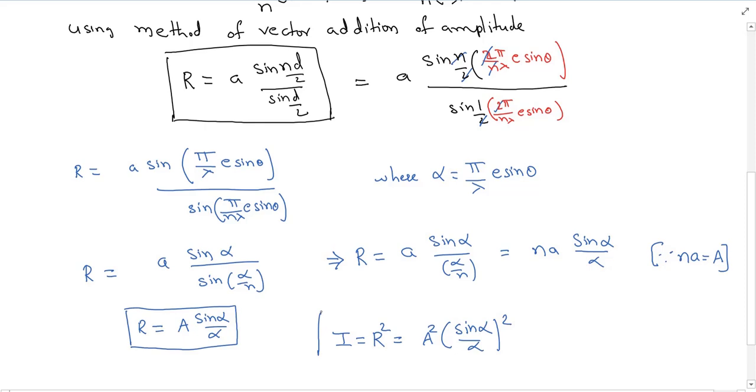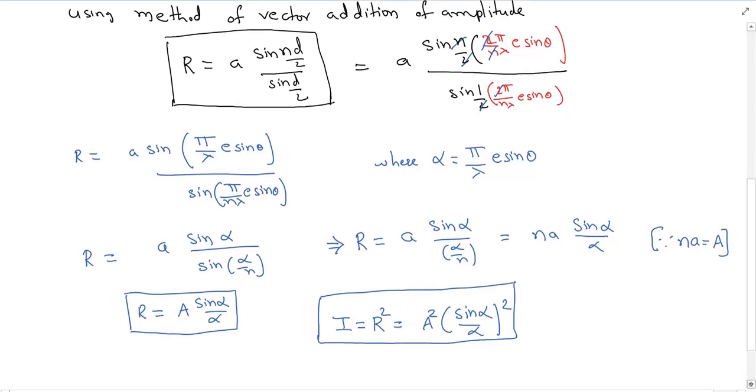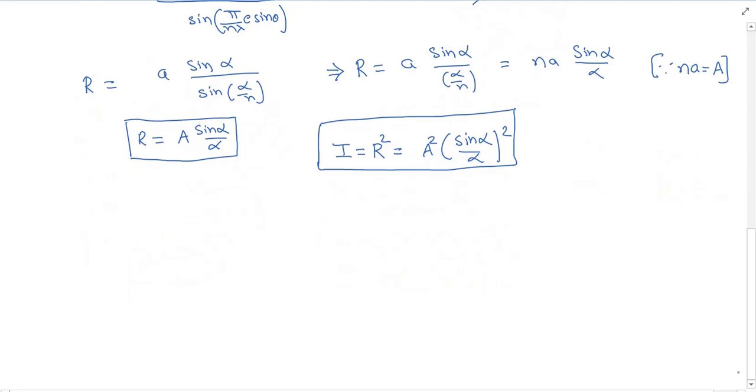So this is the expression for intensity due to single slit. Now what will happen to this intensity? That means when it will become maxima, when will it become minima, and when it is going to have secondary maximas, we will discuss under the heading intensity distribution.